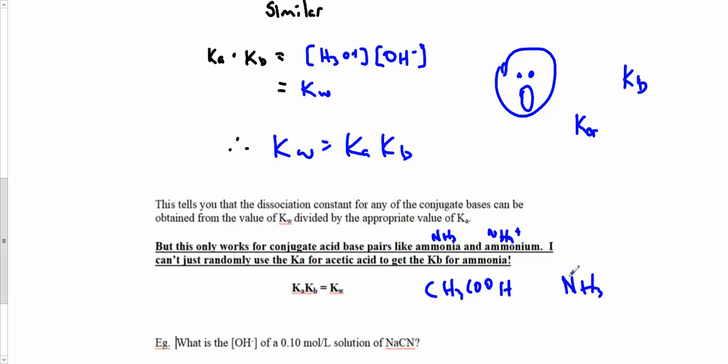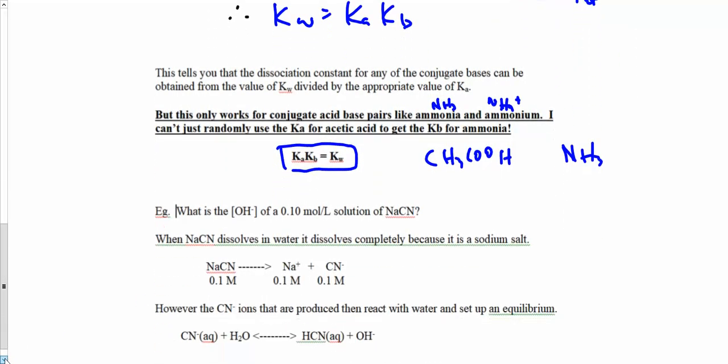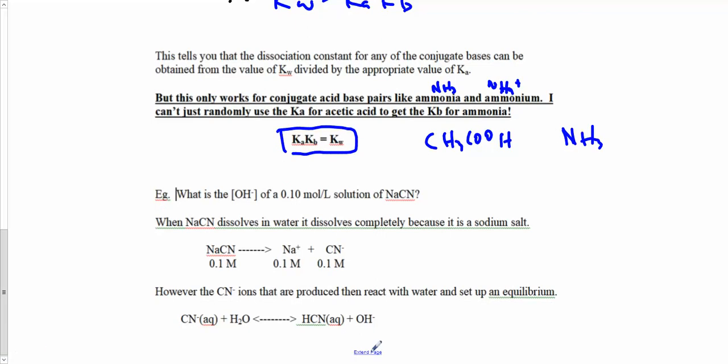That's ridiculous. For a conjugate acid-base pair, I need the Ka for the acid, I need the Kb for the base, then I can use this formula right here. Don't just randomly try and stick it in and use it. They have to be acid-base pairs. So let's try a question. Give myself some space.